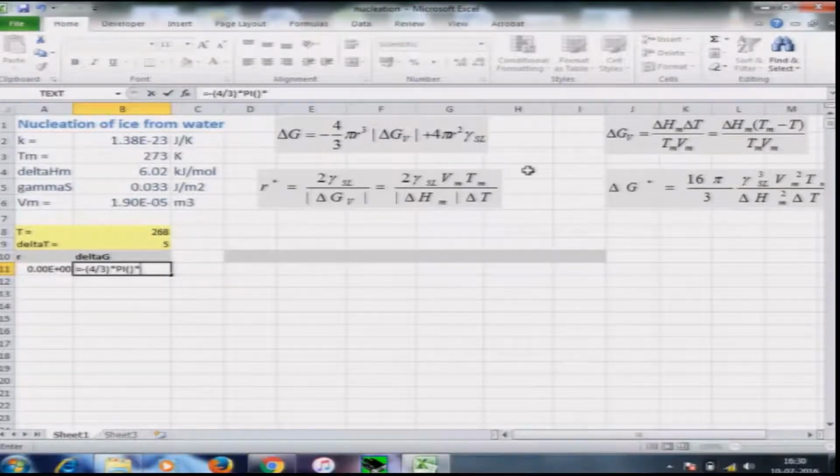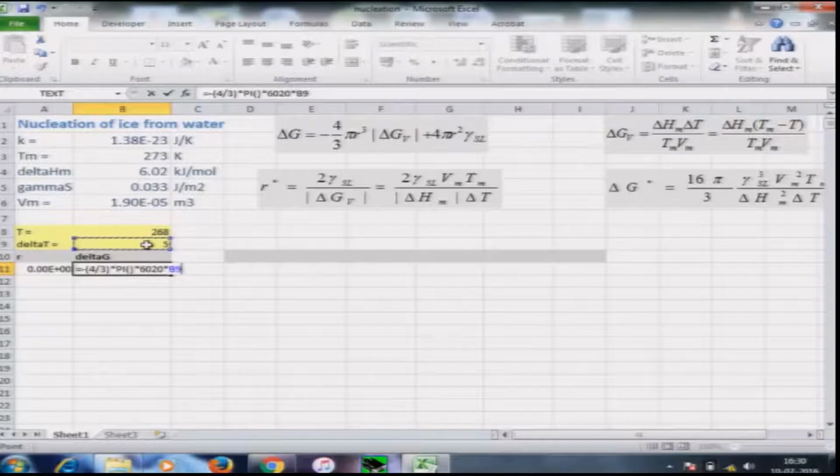multiplied by delta GV, and instead of delta GV I will use the expression delta HM delta T upon Tm upon Vm. Delta HM is 6.02 kilojoules, convert this to joules, so this is 6020 joules per Kelvin, multiplied by delta T, which is at B9.